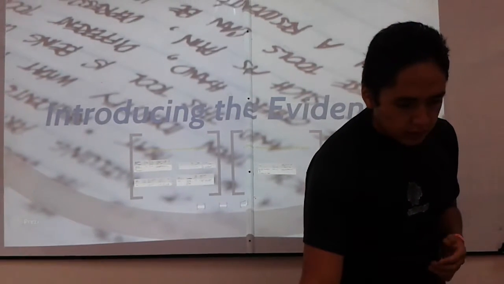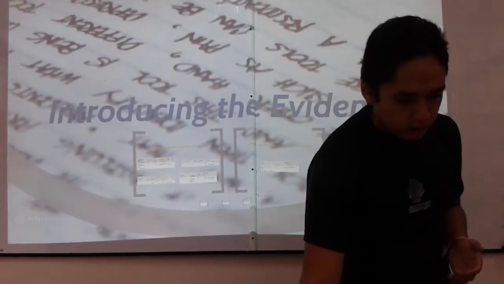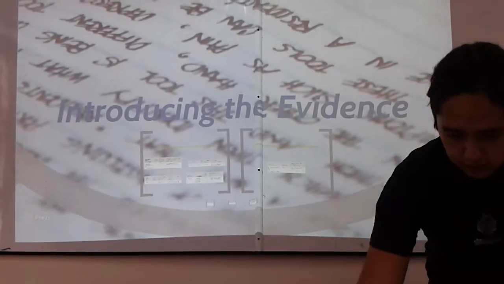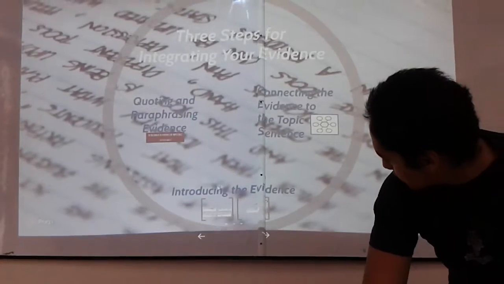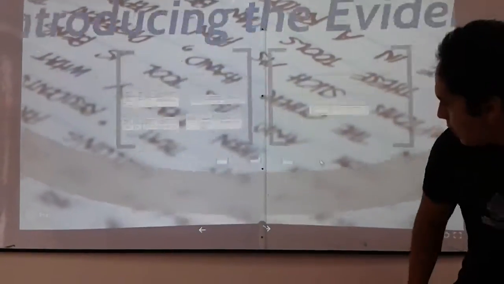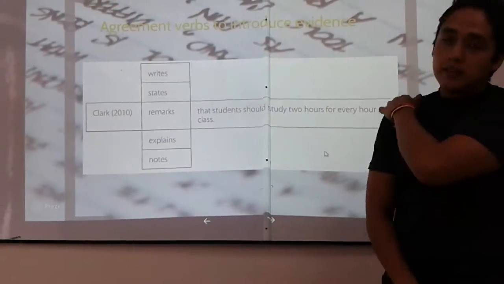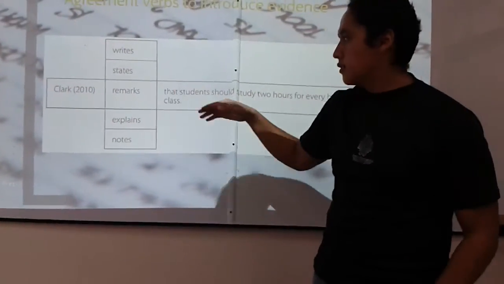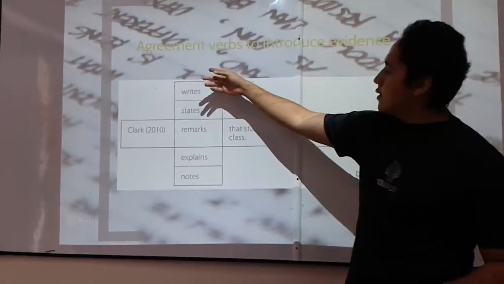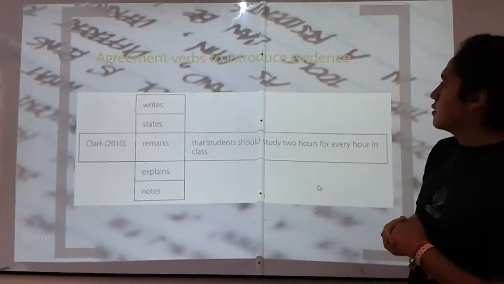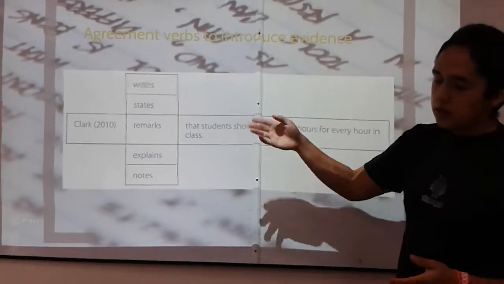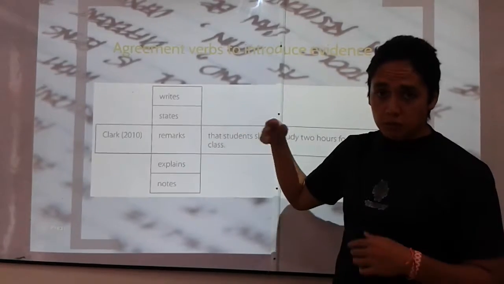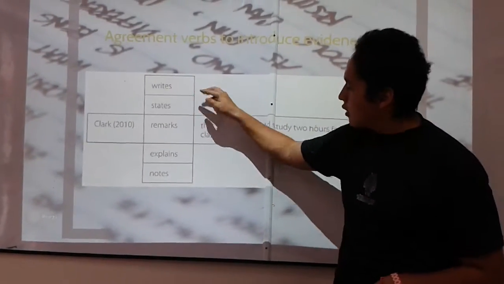Another thing that we have to keep in mind when we are introducing the evidence is the verbs that we are using. Here are some agreement verbs that we can use when we agree with the evidence.